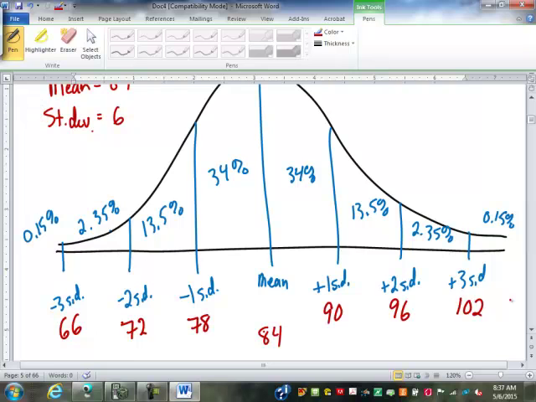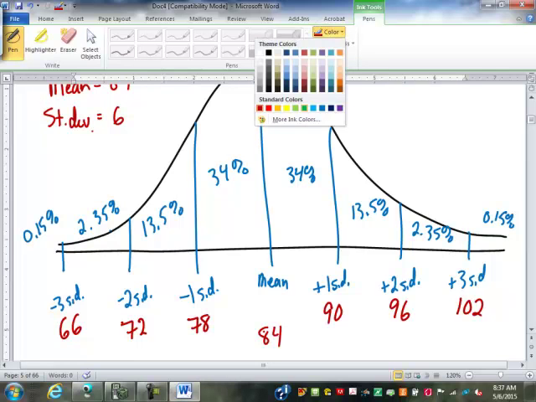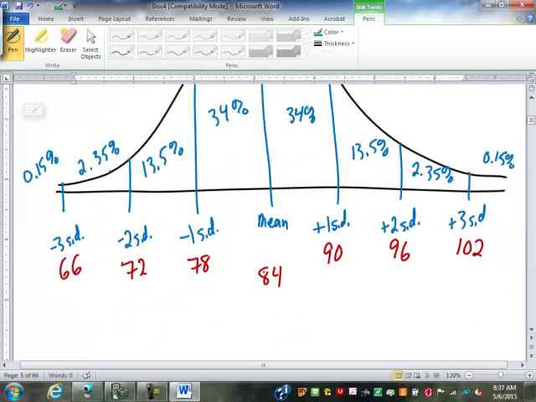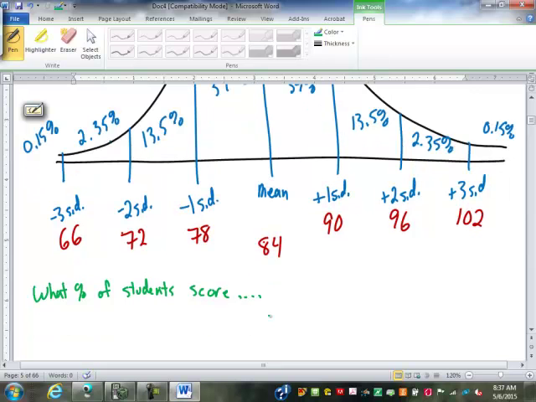What this all means now is, let's say you wanted to know what percent of students score above 90%, or above 90.